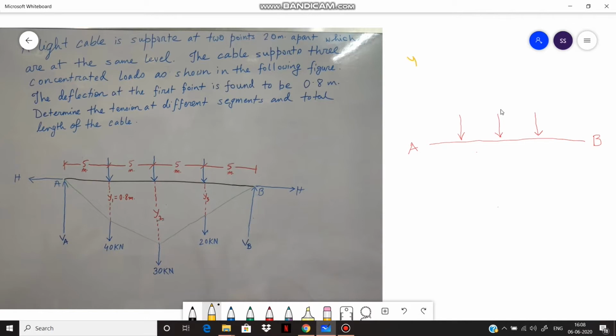We know y1 equals to 0.8 meter, y2 is 0.96 meter, and y3 is 0.64 meter. So because of the deflection at 3 points, that is at point 1, at point 2, and at point 3, the deflection pattern is something like this.